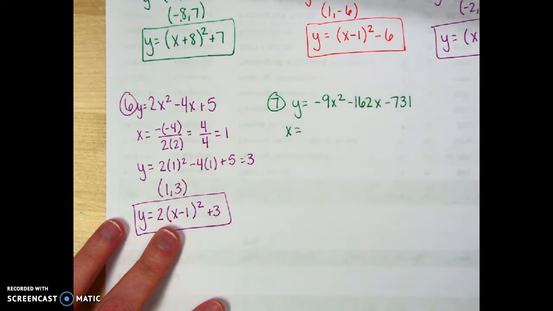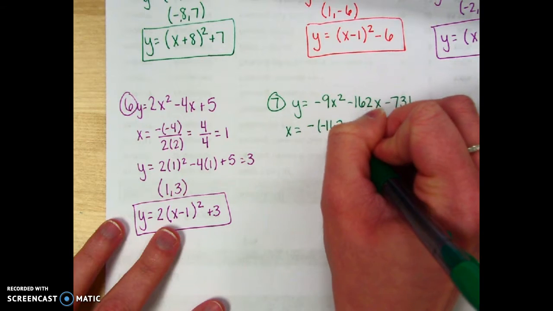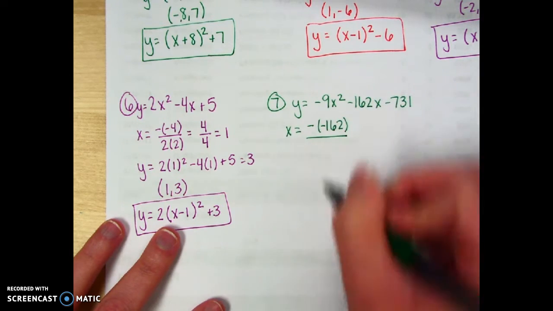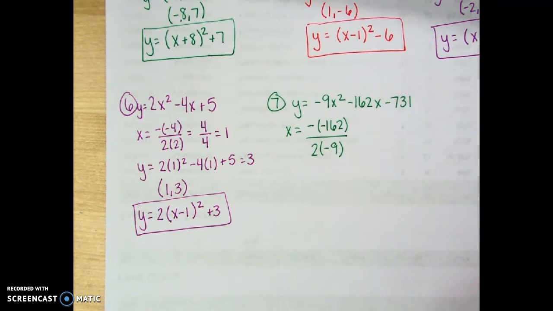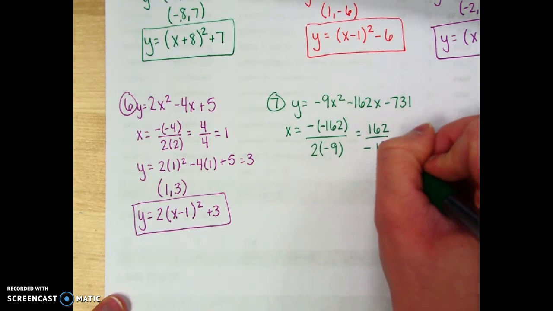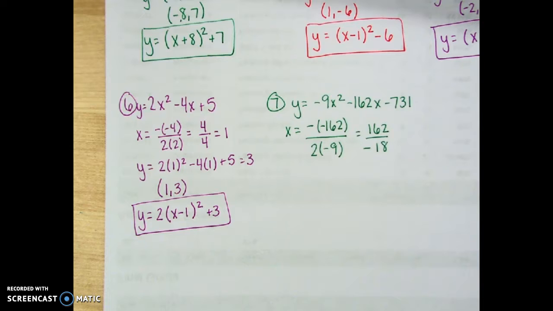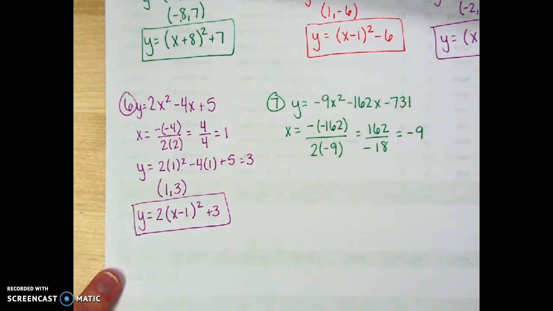X equals negative b, so that's negative 162 over 2 times a, which is negative 9. This becomes a positive 162 over a negative 18. And that is negative 9.